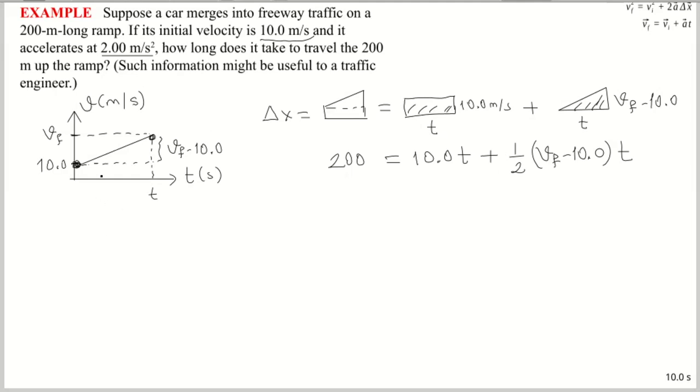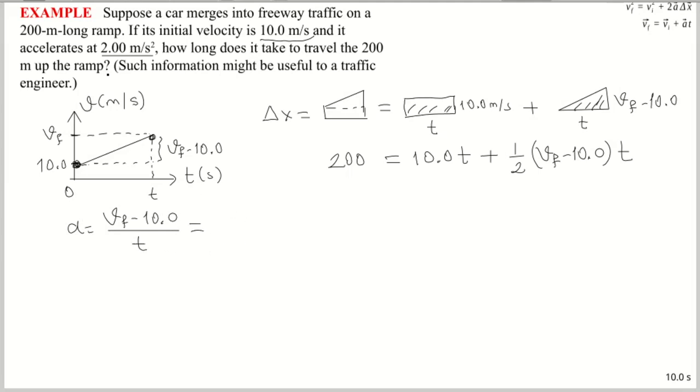Another thing we could do on v versus t, rather than calculating area under the line, is calculating the slope of the line. The slope of the line should give us acceleration. Acceleration means rise over run. Rise is v final minus 10, and run is from 0 to t, either delta t or just t minus 0, or t.